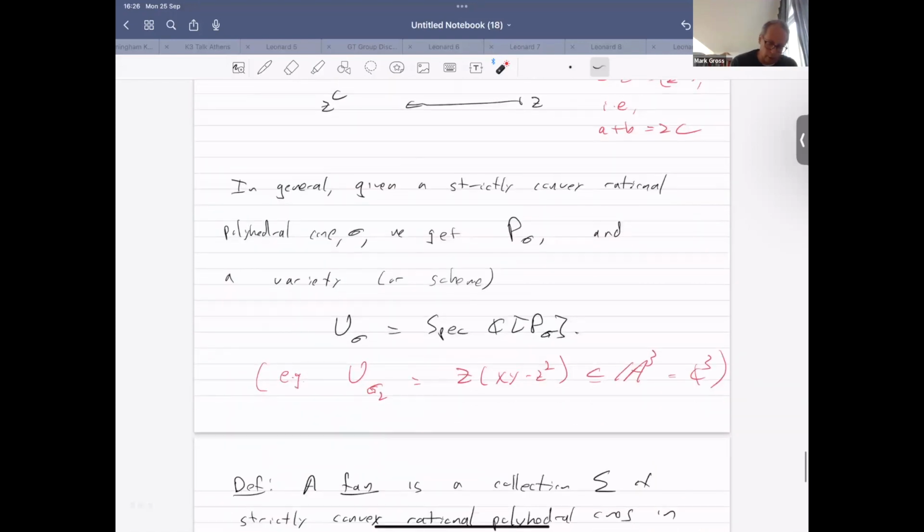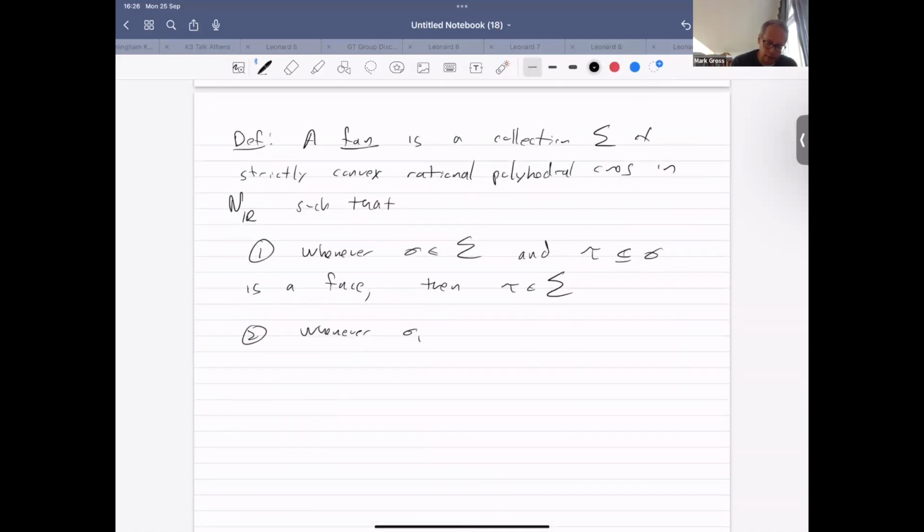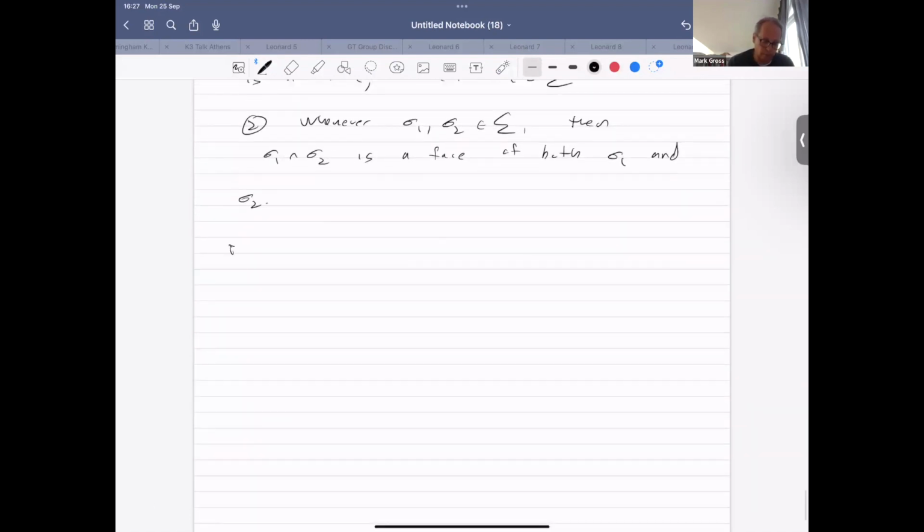So the second thing we need is that whenever sigma 1 and sigma 2 are in the collection, sigma 1 intersect sigma 2 is a face of both sigma 1 and sigma 2. What this says is that essentially these cones have to fit together snugly. So for example, in R2, we have the following fan.